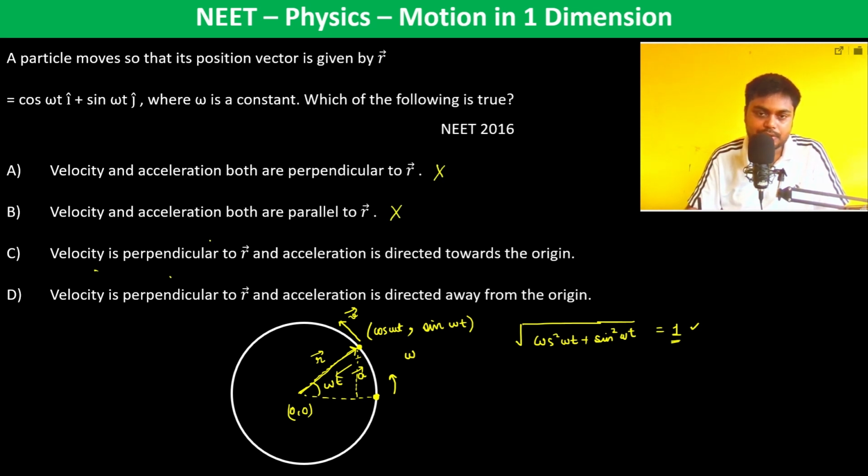Velocity is perpendicular to r. This is correct. And acceleration is directed towards the origin. That is also correct. Velocity is perpendicular to r and acceleration directed away from the origin? That is wrong. It is directed towards the origin because of the centripetal acceleration. Therefore option C is going to be correct.